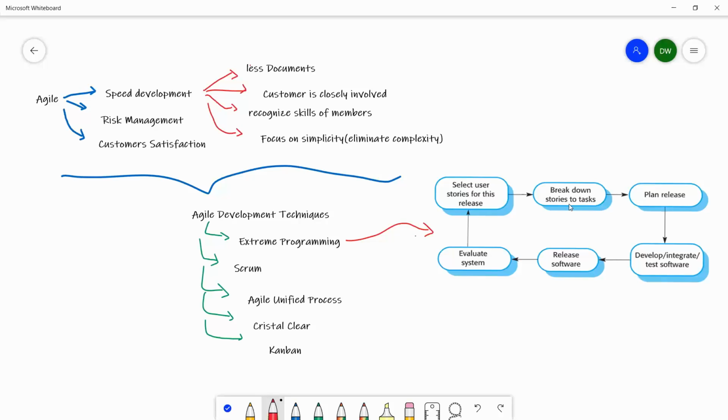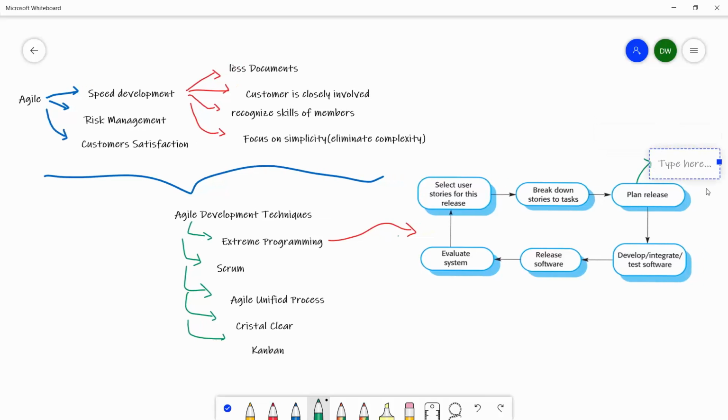So after creating story cards, you can release your product as small releases, right? Because when you develop the whole thing, it will be a big product and you will not be able to deliver it so soon. Therefore, when you release your product, you will be able to release small releases.